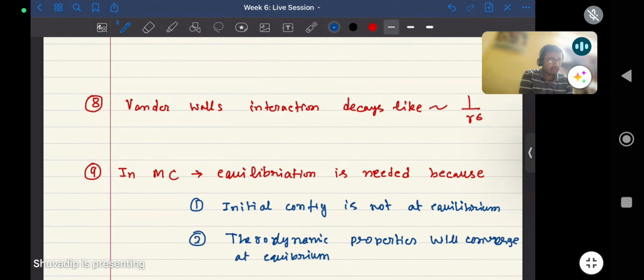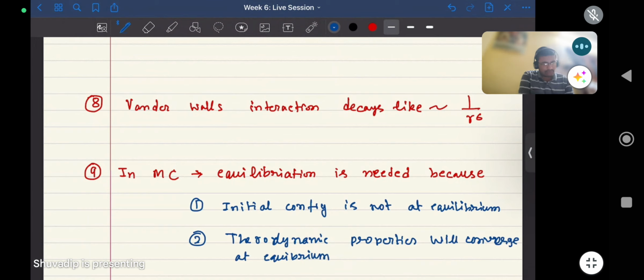Suppose you are doing a polymer simulation or some simulation with particles inside a box, and you want to calculate the pressure inside the box, or something like Rg of a polymer.